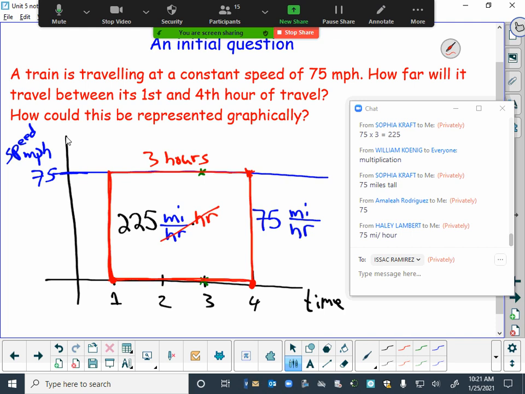Those should cancel, and it leaves me with an area of 225 miles. Okay. So that's where the 225 is in this picture.